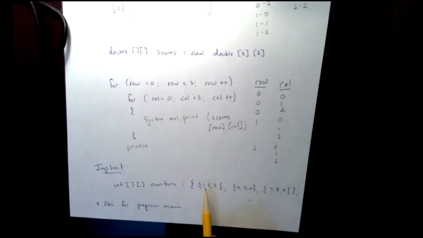Then left brace, 1, 2, 3, right brace, comma. So that would fill in my first row. Left brace, 4, 5, 6, right brace, comma. That filled in the next row. Left brace, 7, 8, 9, right brace, and done. So this would create the dimensions for me. I would know this would become a 3 by 3 matrix. Questions?